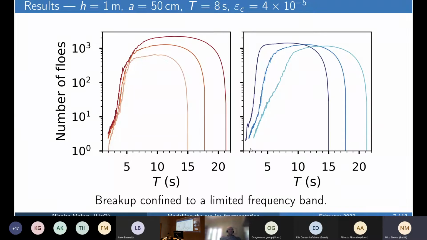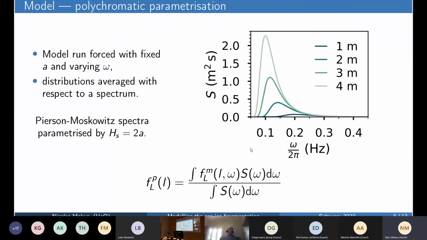So actual oceans are not monochromatic. To extend these results, we combine these distributions by giving them weights corresponding to a wave spectrum. There are a lot of different parameterizations for ocean wave spectra, and here we are just using a Pierson-Moskowitz spectrum, mostly because it can be easily parameterized to depend only on the significant wave height, which is just twice the amplitude for monochromatic waves.